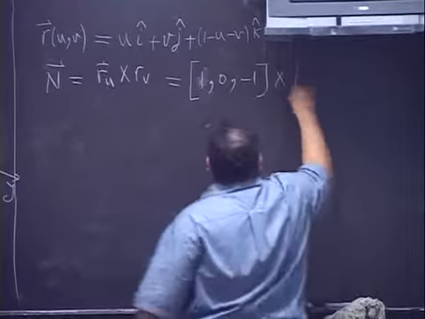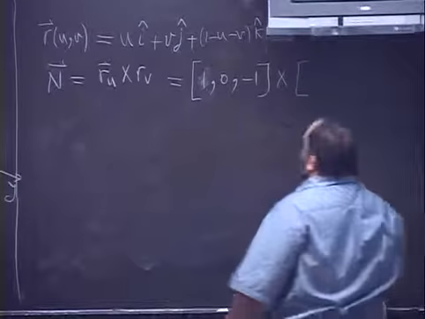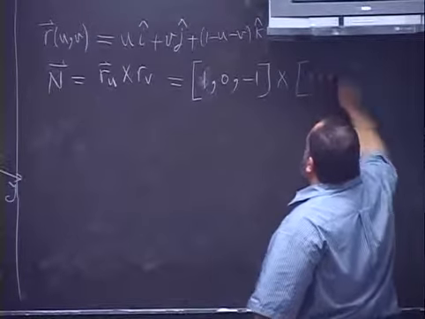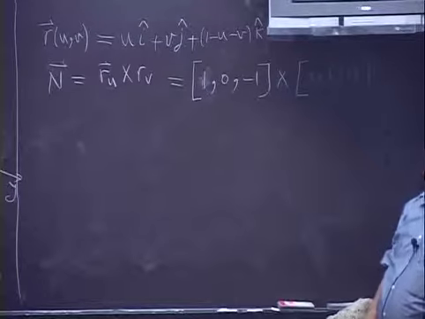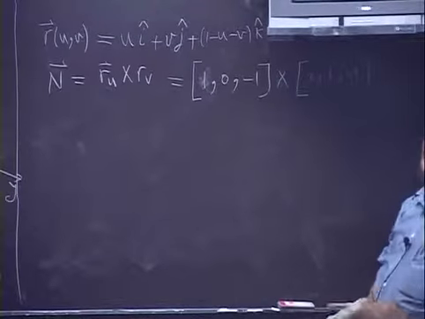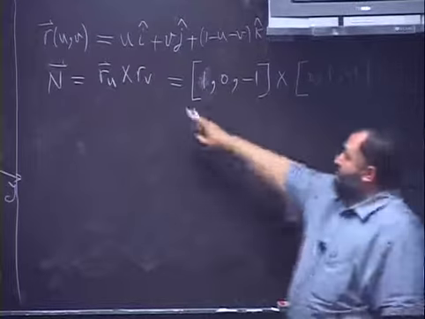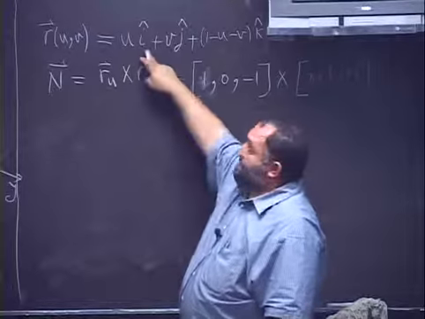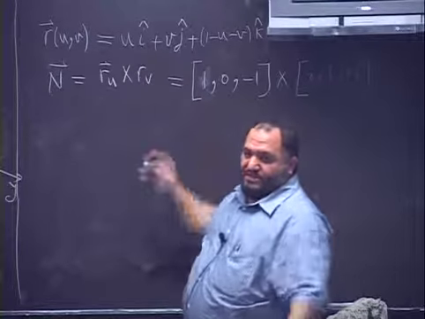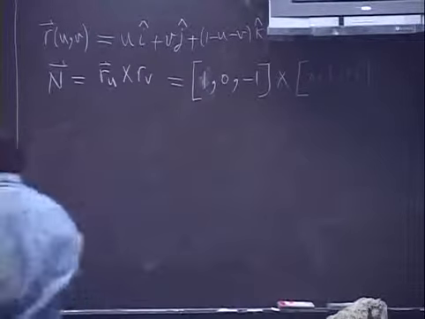Cross, what's r sub v? 0, 1, and minus 1. Do you understand what I'm doing? Guys, do you understand what I'm doing? I'm just differentiating this r with respect to u and differentiating this r with respect to v. I did not do anything more than this.